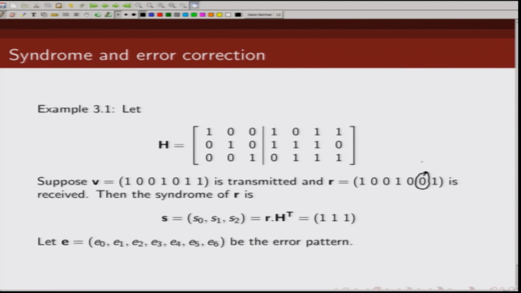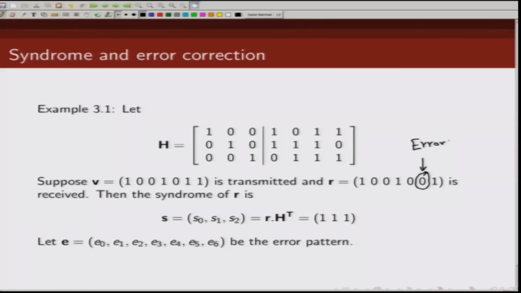How do we find out that there is an error, and where? First, we compute the syndrome, RH transpose, and what we get is non-zero. Since this is non-zero, there is an error.